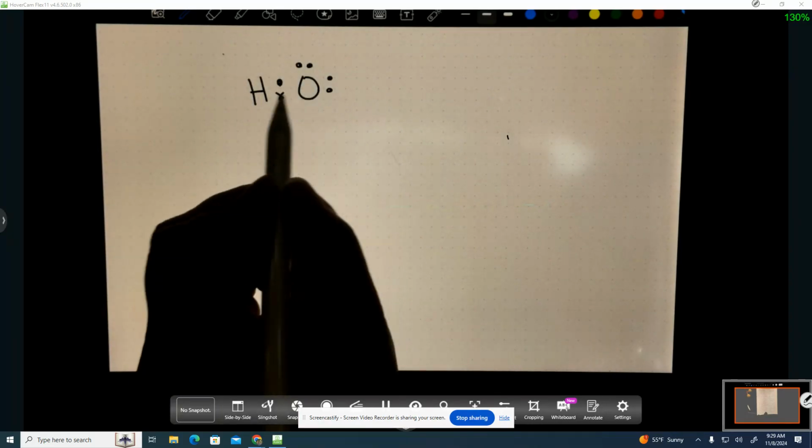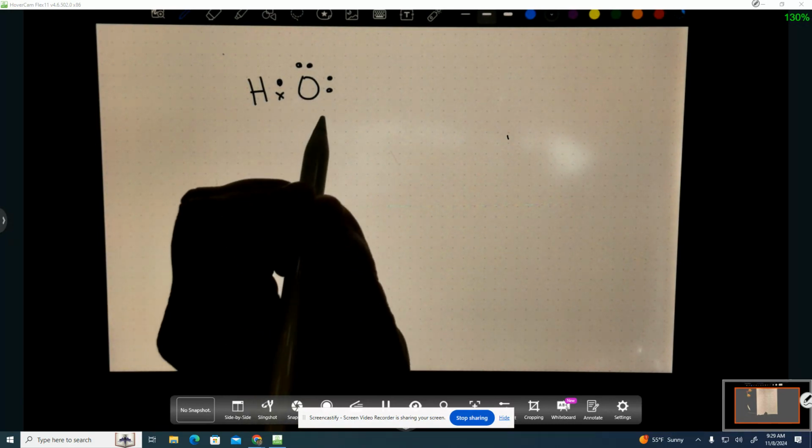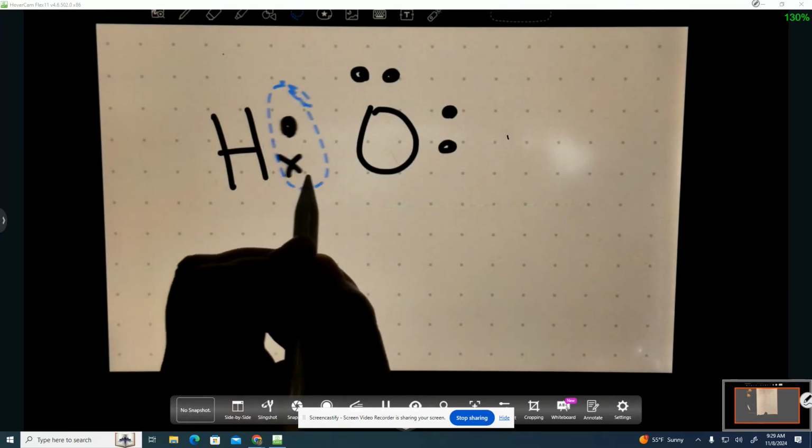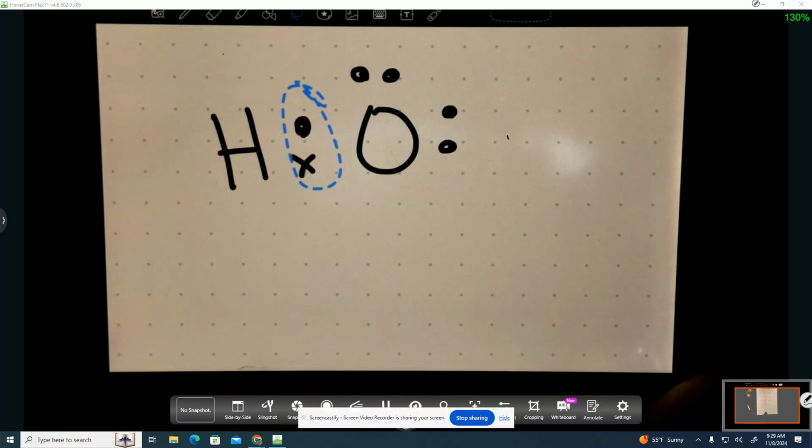All right. You've got hydrogen and you've got oxygen. Okay, let's just look at the bond right here. I know there's another hydrogen down here. Look at these two electrons. They're being fought over by the hydrogen and oxygen. It's a tug of war.